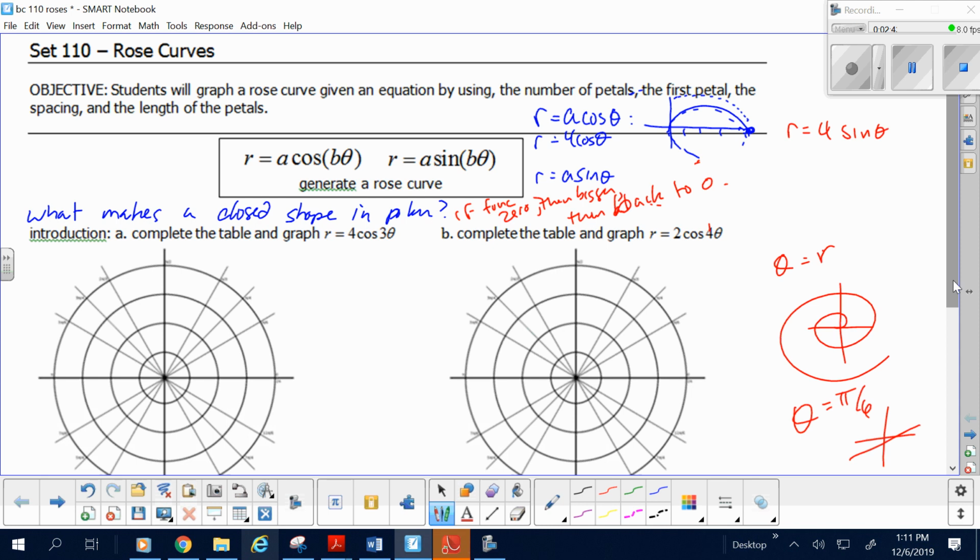You could actually say that that circle is like a one-petal rose. It's not a very good rose. It doesn't look like a rose at all, if you agree with me, but we'll see.